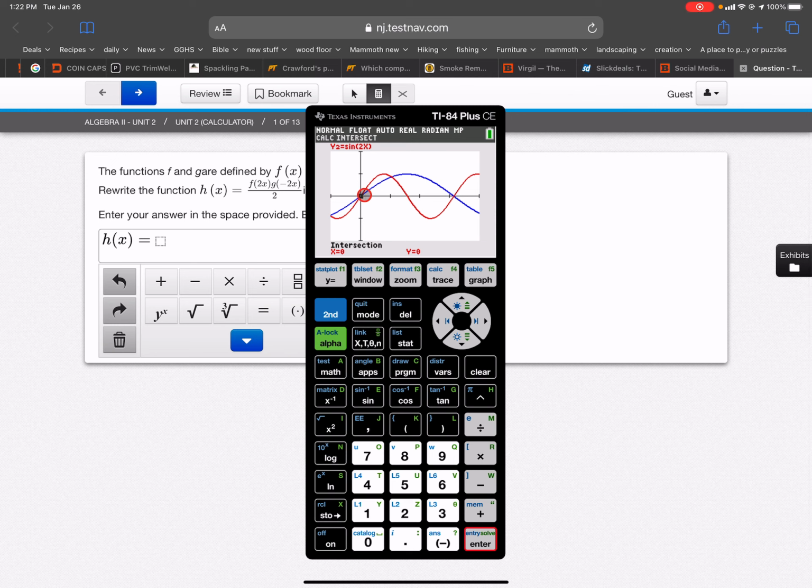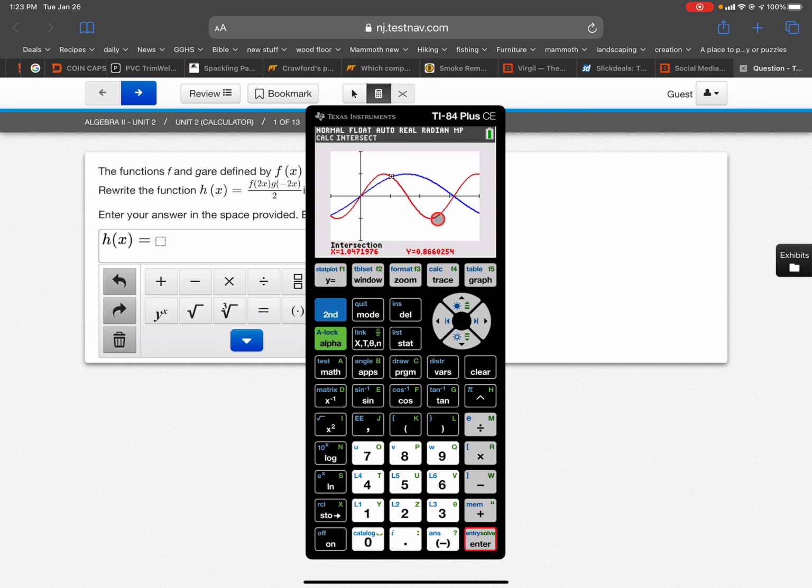Now for this next one, that was A, but 0 and A are so easy. I'm just going to put 0 instead of A. I need to find this intersection point, so second calc, intersect is 5. Is my first graph y1? Yes. Is my second graph y2? Yes. I'm going to guess that's 1 there. I'm going to guess it's about 1.